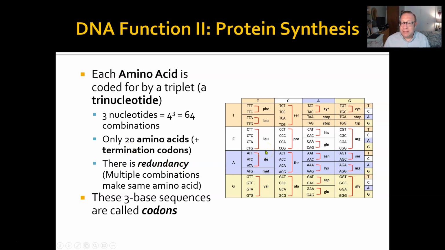So that redundancy, it's not a perfect system for preventing errors, but it gives a little bit of leeway. It wasn't designed like that. This is the result of billions of years of evolution and mistakes and mutations that occurred. Some genes are broken, others weren't, and we end up with this system.